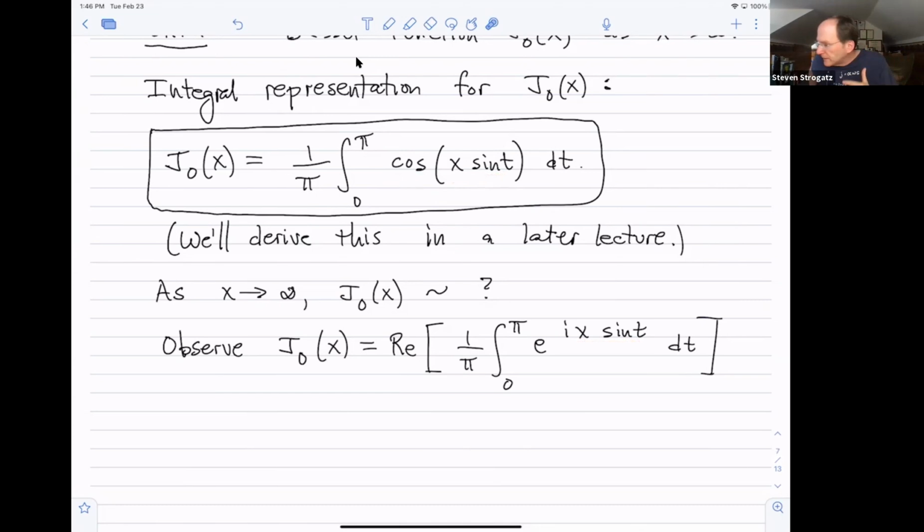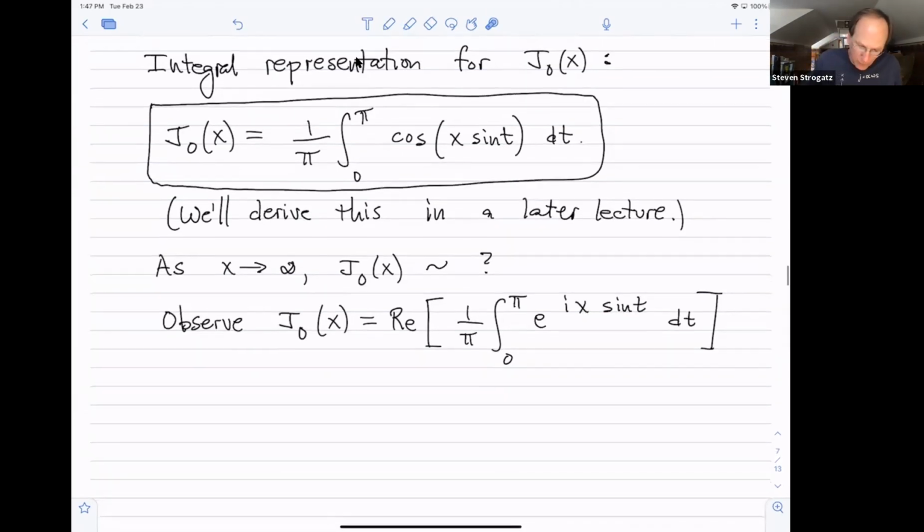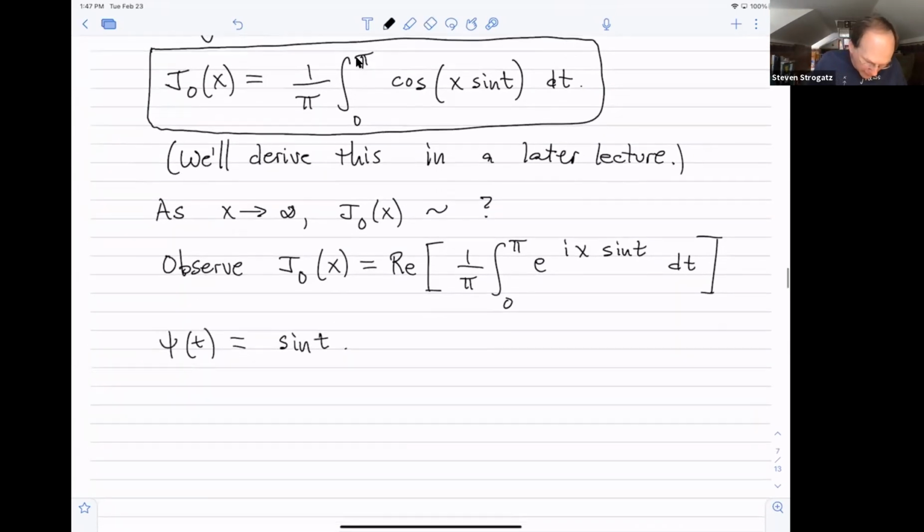So with that in mind, you can now read off that x sine t plays the role of the phase function. So for our calculations, psi of t, I guess I don't put the x in there, so let's go back. It's just psi of t is sine of t for us. And if we look at its, are there any points of stationary phase?